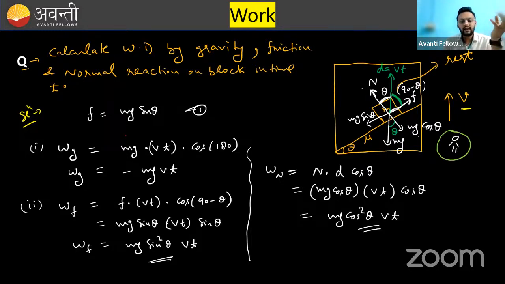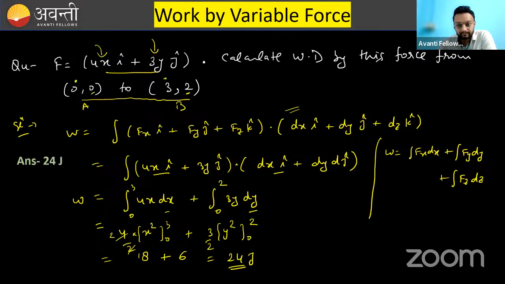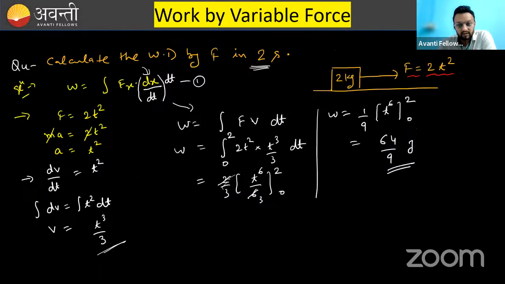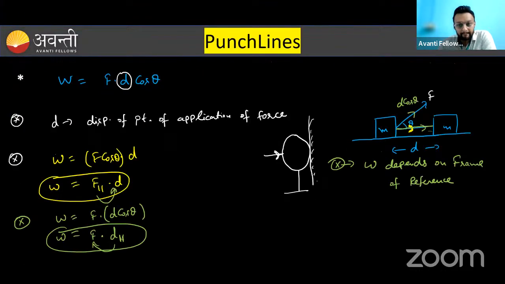Work is not an absolute thing where every frame gives the same answer. If the observer changes position, then work done will also change. Are you getting my point? If the observer is sitting here, then according to him, the block is at rest. If the block is at rest, then it means there is no work done on the block. So work depends on the frame of reference. That's what I have told you.